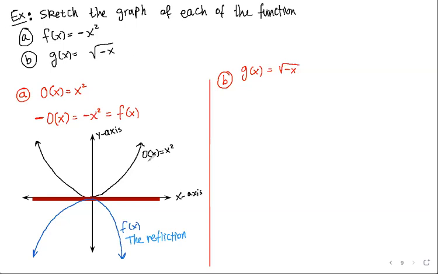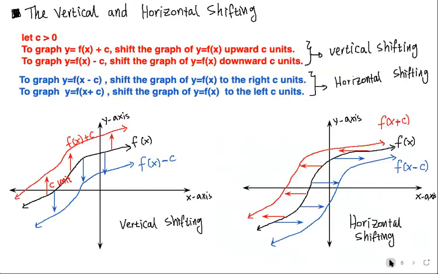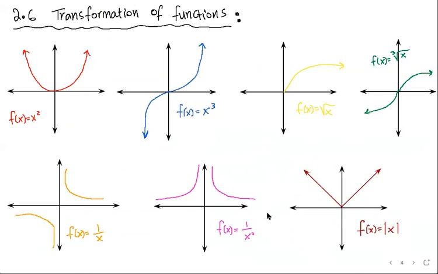Here the original function, O of x. Yes, Angel. What is the original function for g of x? I mean, which function of this is the original one? 1, 2, 3, 4, 5, 6, 7. 3.